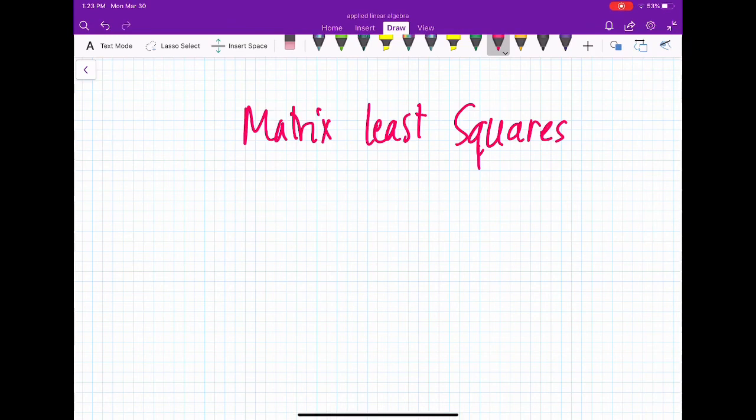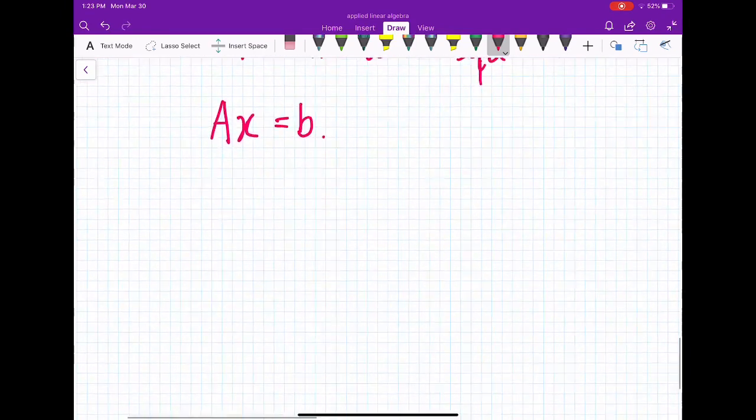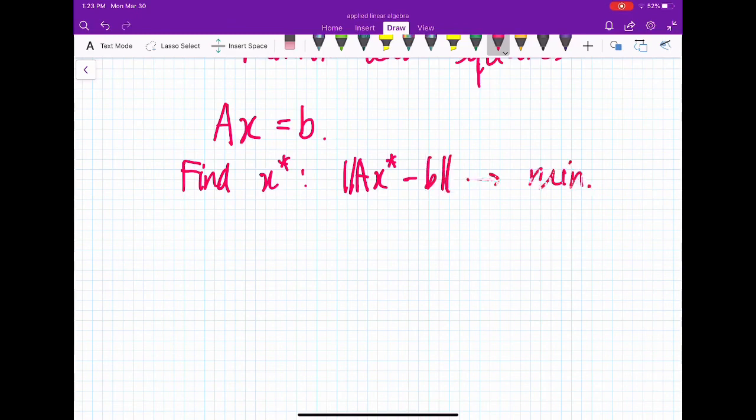So for the least squares problem, we have a system AX equal to B, and we suppose that this system does not have any solution. We need to find an X star such that AX star minus B has the minimum norm, right?